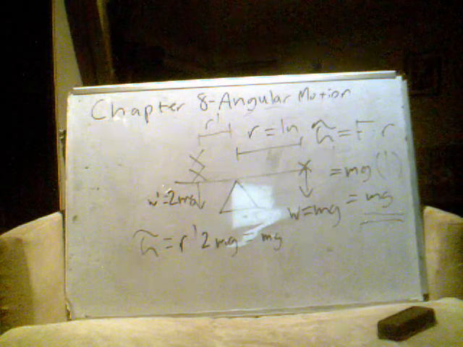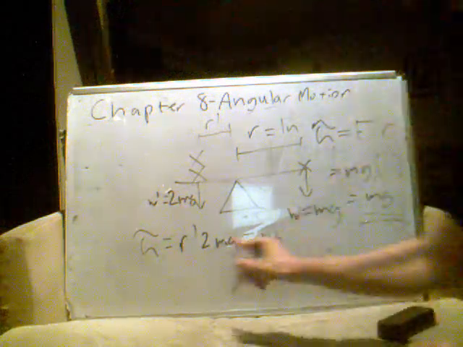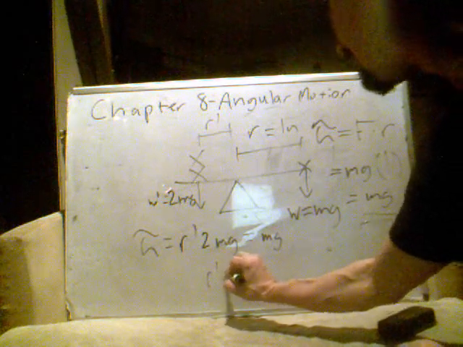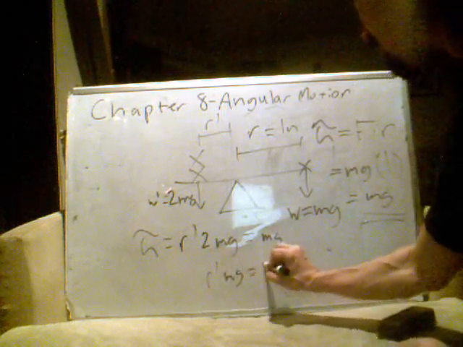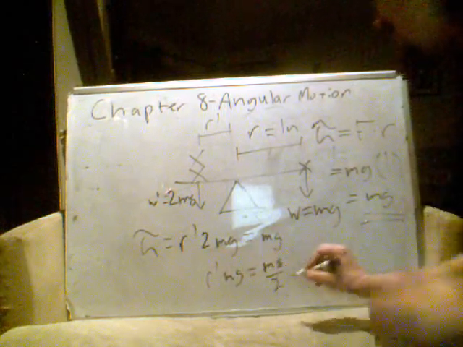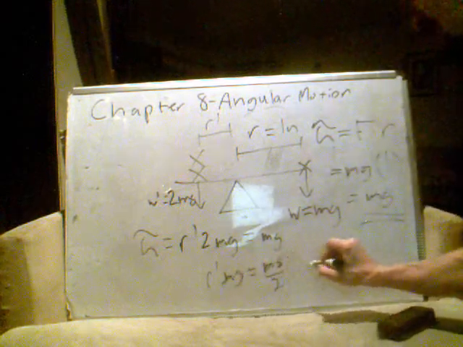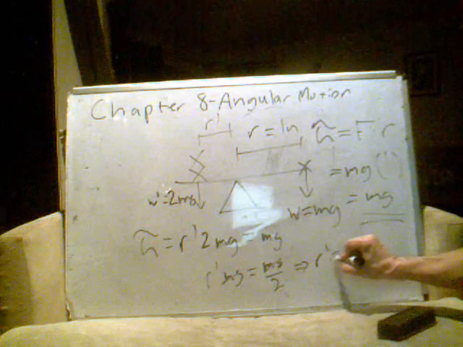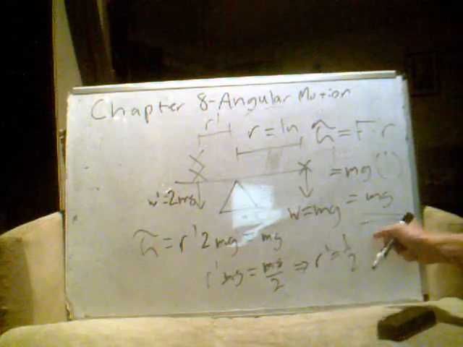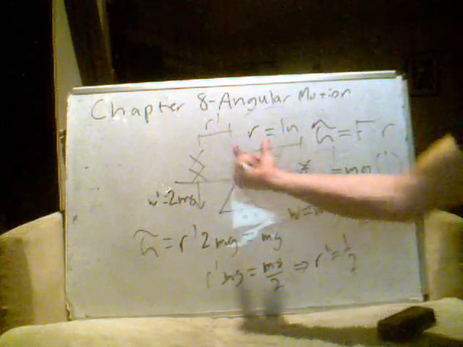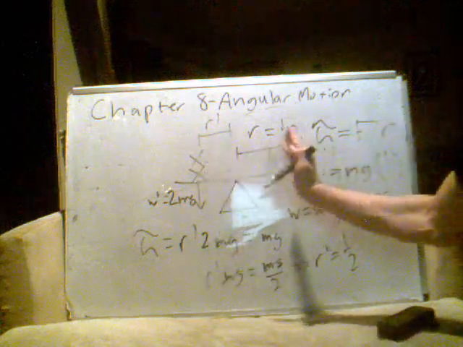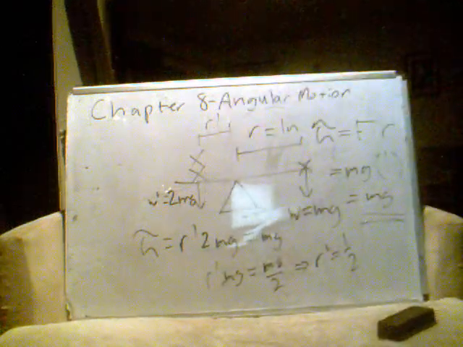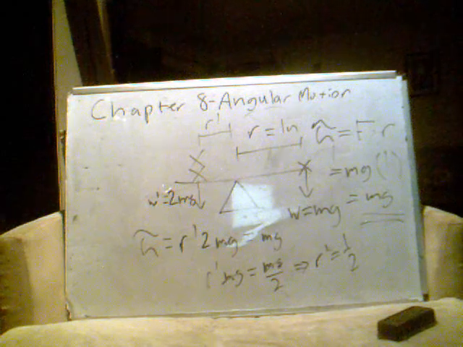Well, how could this possibly be? Well, let's balance the equation. r prime times 2mg is equal to mg, so r prime is equal to mg over 2mg. Let's cancel the mg's. So then that means r prime is 1/2 a meter. Long story short, if we get double the weight, we have to put it half as far away in order to get the same torque. Okay, makes sense?